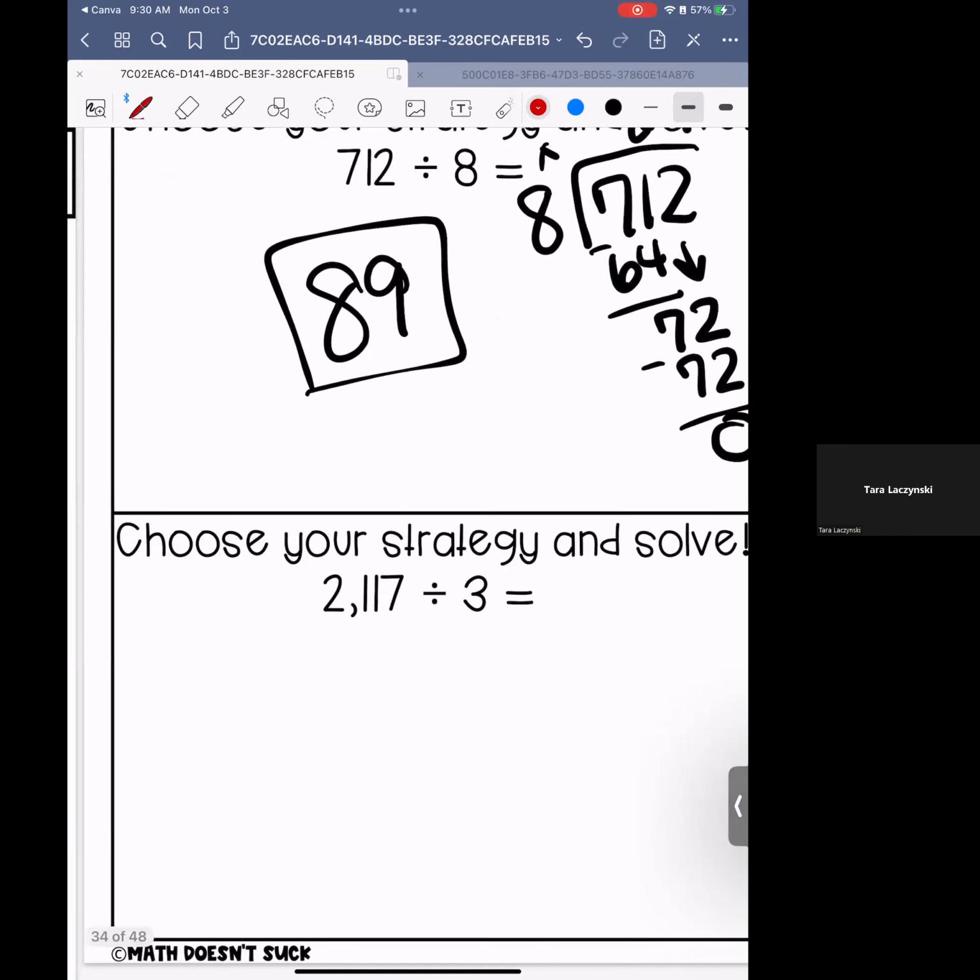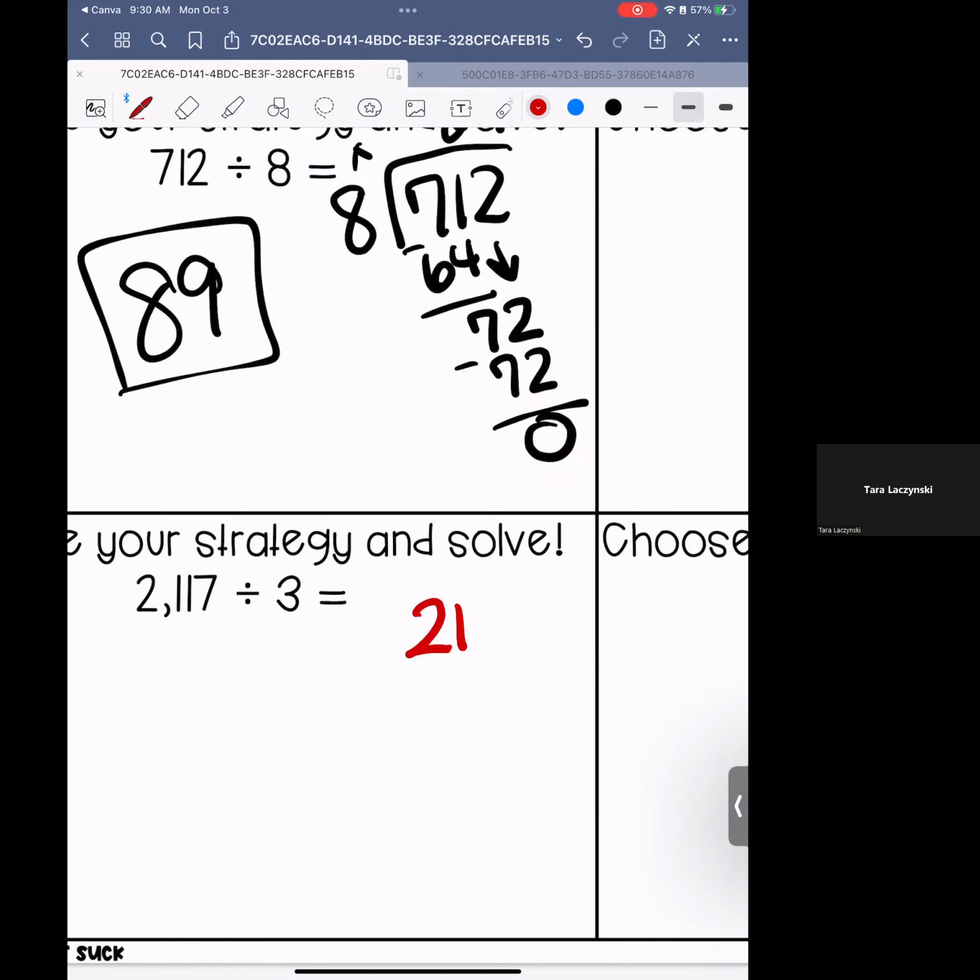We have a bigger one. 2,117 divided by 3. 3 does not divide into 2, but it does divide into 21 7 times. 7 times 3 is 21. Subtract for 0, bring down my 1. 3 goes into 1 0 times.